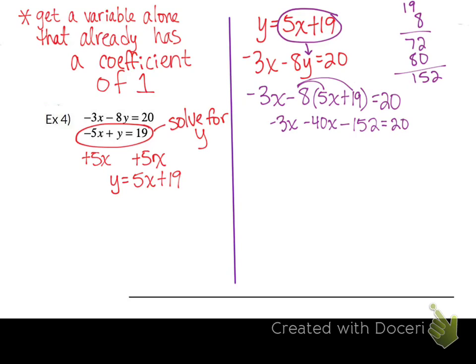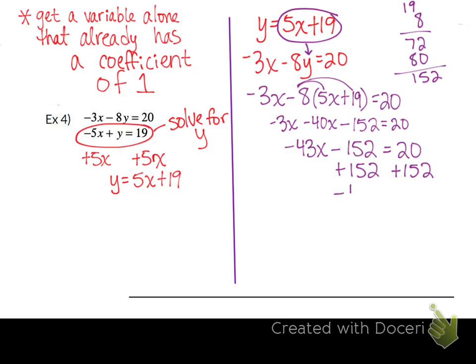Negative 43x. Okay, next up we have to solve. So we need x alone. What should we do? Add the 152. Do it on both sides.